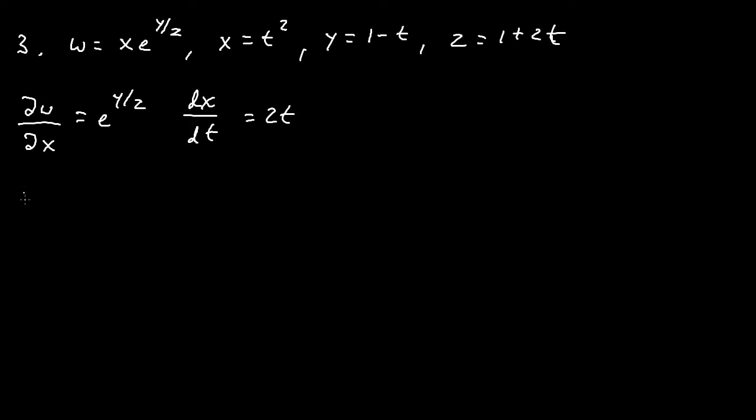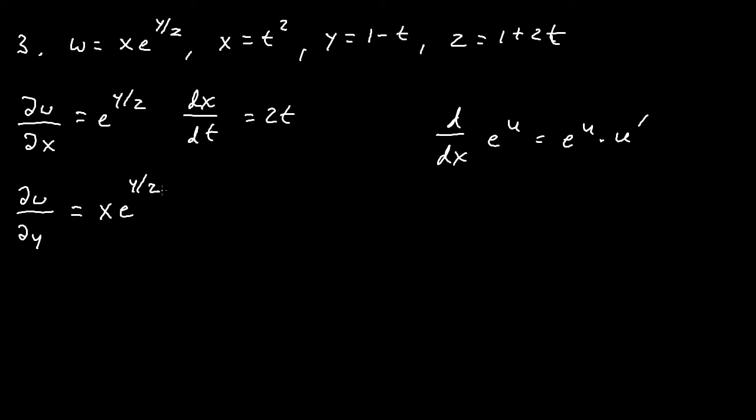So now let's find the partial derivative of w with respect to y. In this case, y is going to be the variable, everything else is a constant. So remember, the derivative of e to the u, some function u, is going to be equal to e to the u times u prime. So this is going to be equal to x e to the y over z times the derivative of the inside function.